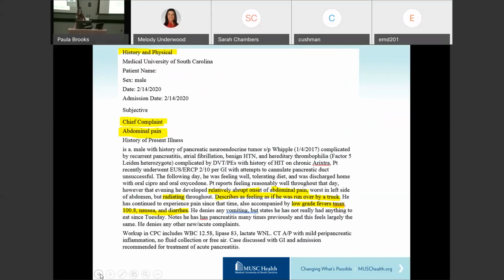But basically, as you can see, we have that the patient is experiencing abdominal pain. That could be location. It's radiating. That could be quality. Could also use quality as described as feeling as if he was run over by a truck.